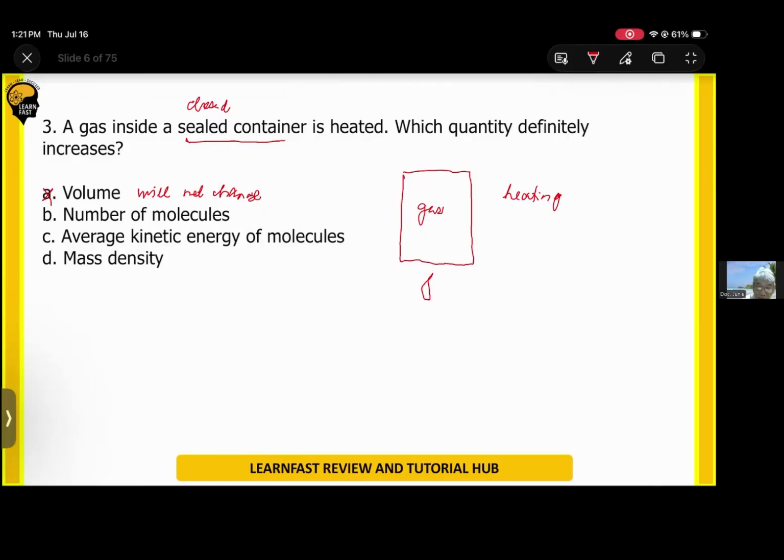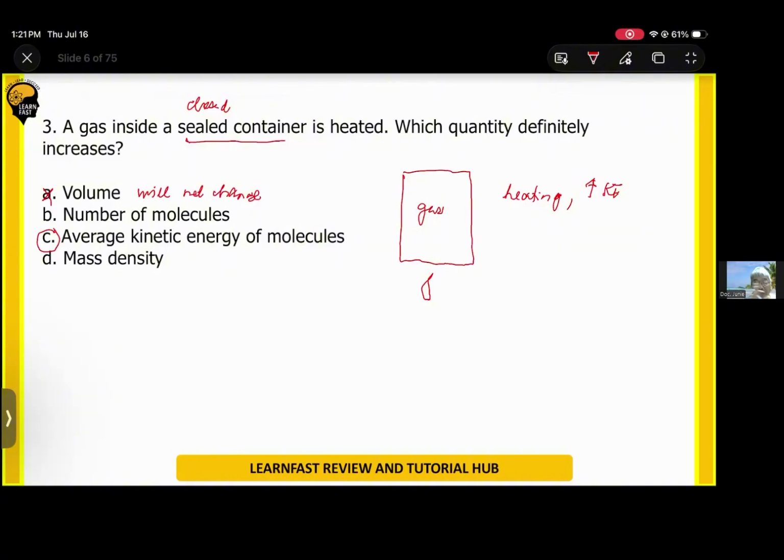Heating will increase the kinetic energy of the molecules of gases contained in the sealed container. So our answer here is letter C. Remember that concept. Heating or increase in temperature will correspondingly increase the kinetic energy of the molecules of gases.